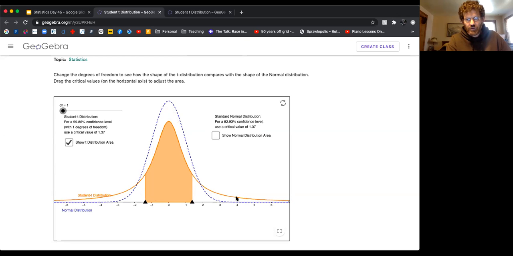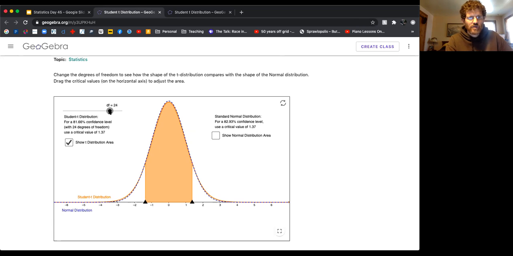But with the t distribution, something being 4 standard deviations away is not unlikely compared to the other. So the fatter tails means that there's more likelihood of your sample mean ending up way out here. That's an important distinction to be aware of. Even if I jump up to 24 degrees of freedom, you'll still see that the orange is slightly higher than the dashed line.